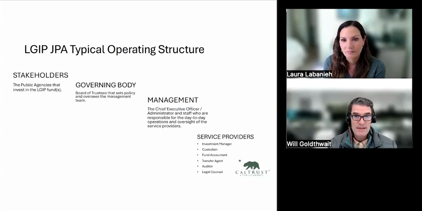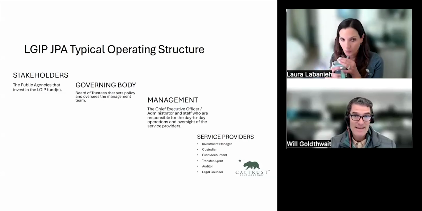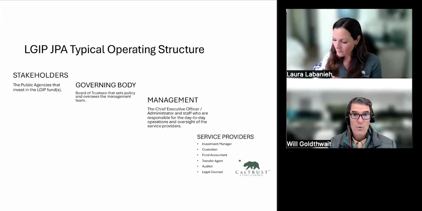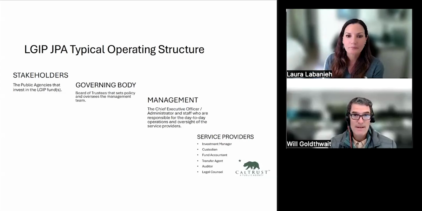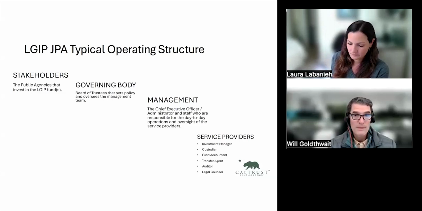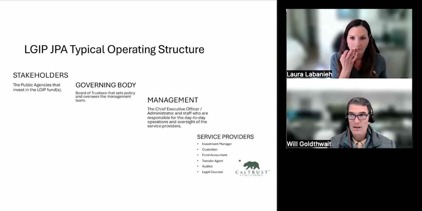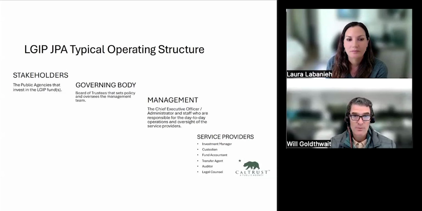The management team at CalTRUST is separate and distinct from the service providers, whereas in the typical investment manager model for SEC registered vehicles, they would be one and the same. So SSGA, BlackRock, Federated, the like, they would all be within themselves: their board, the management team, and then some of the service providers.